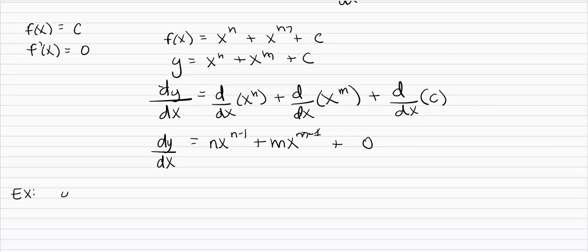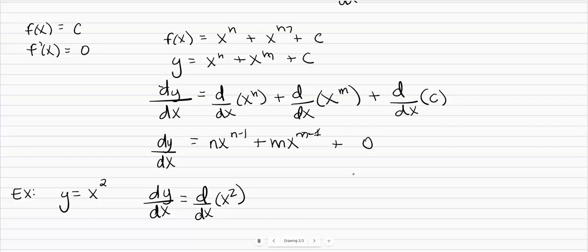So let's say they give us a function y is equal to x squared. When I derive both sides, dy over dx is equal to d over dx of my x squared. In this case, my n is equal to 2, so my n minus 1, which is just 2 minus 1, is equal to 1.